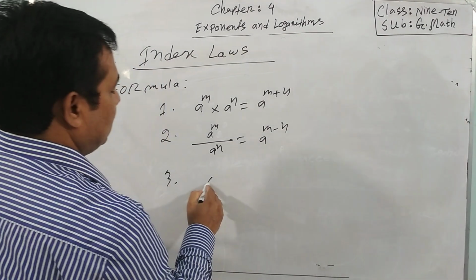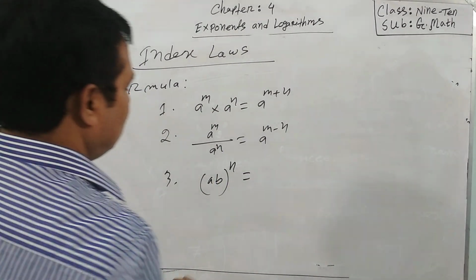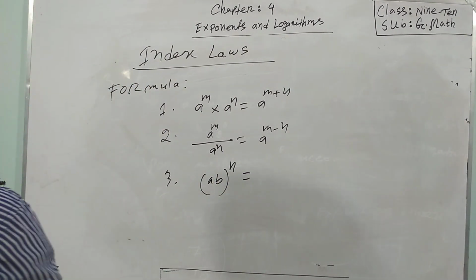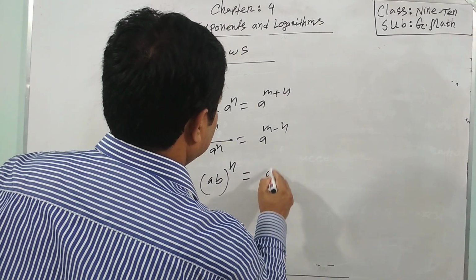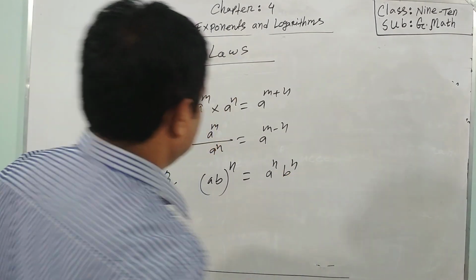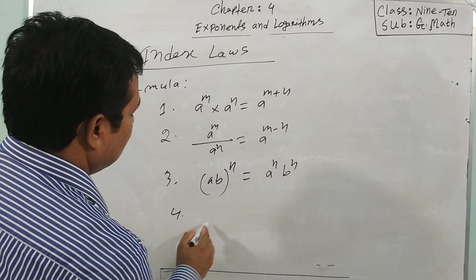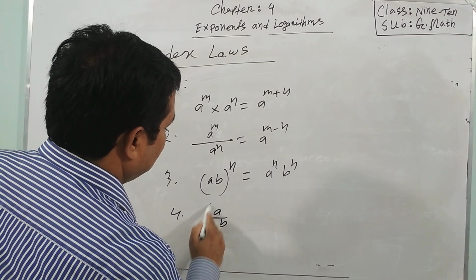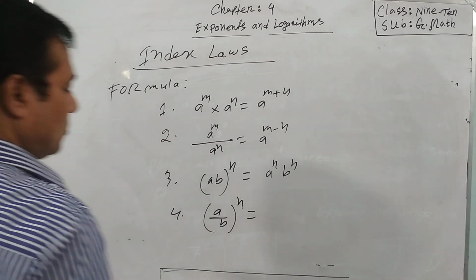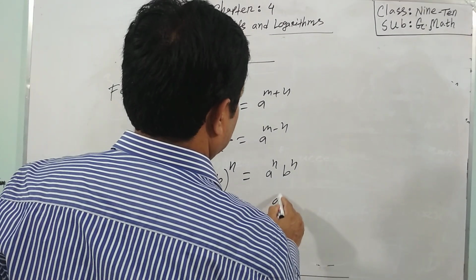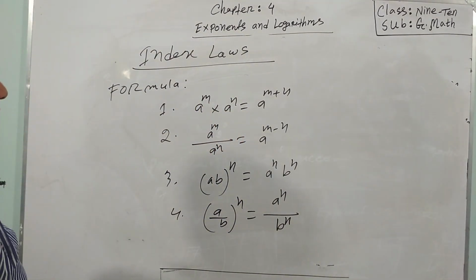Number 3: ab to the power n, power of a product, equals a to the power n, b to the power n. Number 4: a by b to the power n, power of a quotient, equals a to the power n divided by b to the power n.